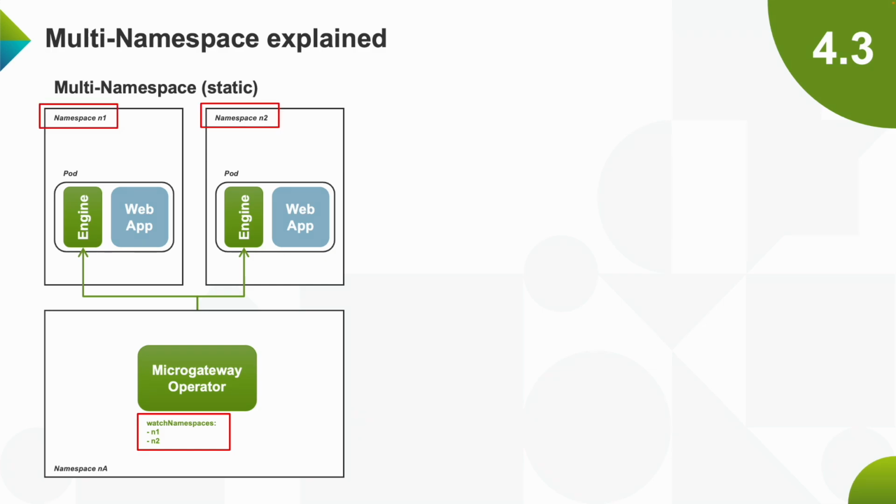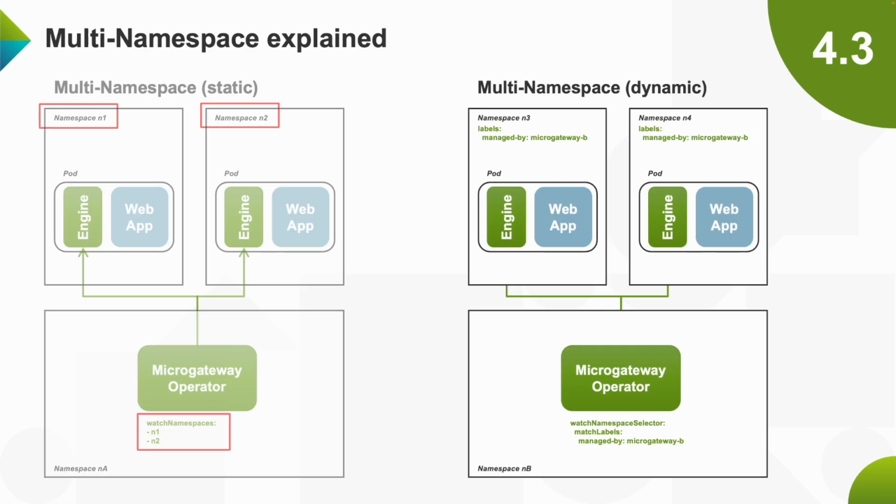The second option is dynamic. The Microgateway operator is deployed with a configuration that all namespaces with the configured label should be watched and managed by it. In our case, it's all namespaces with the label managed-by microgateway-B.